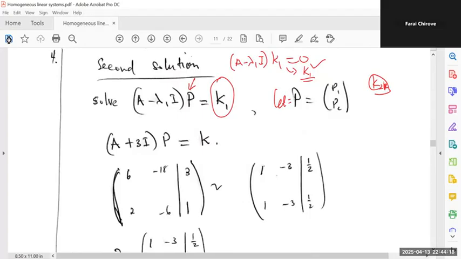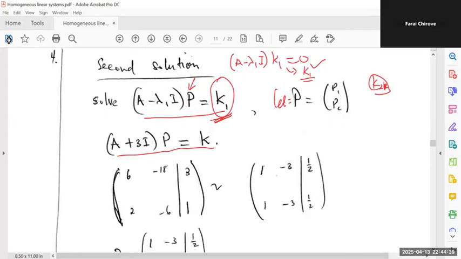So when we do that, we no longer equate to the 0 vector. We now equate to the K1, which means if we get a wrong K1, it then affects how we are going to get P. So we are now formulating this system. And of course, because lambda is equal to minus 3, it gives us this system.